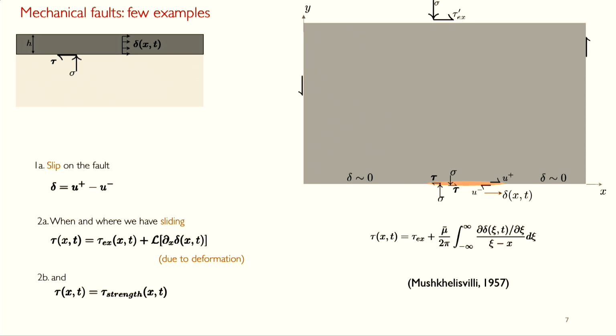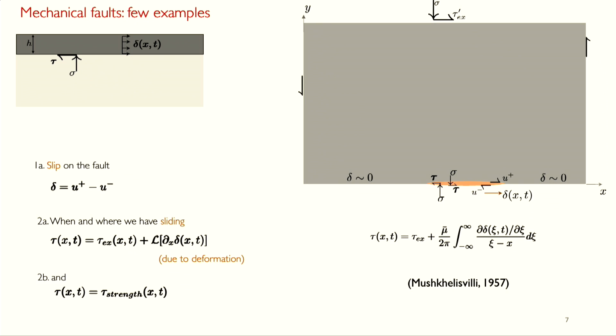This is a little bit singular, as we saw yesterday as well. So it's a Hilbert transform of the slip gradient, and this is a singular integral. Because it's integrated throughout, there is a non-locality involved here. Slip at one point affects the stress at another point, or stress at one point affects the slip.